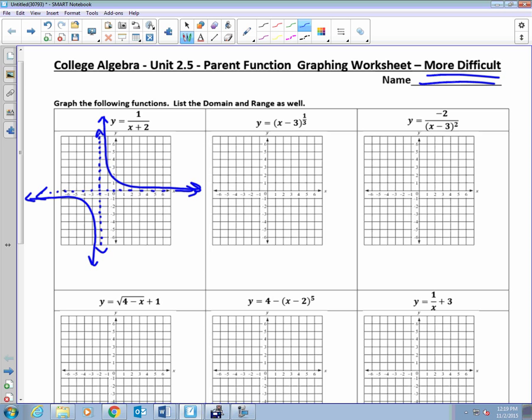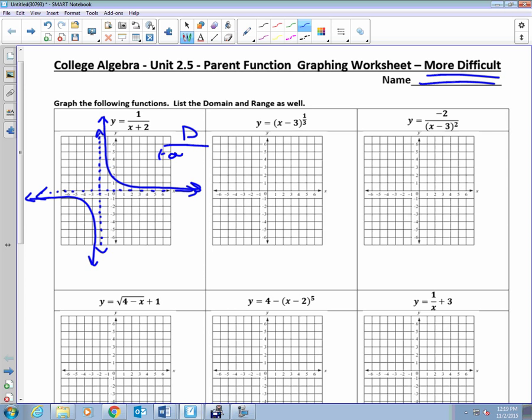We can just do it algebraically. 0 equals 1 over x plus 2 and see what you would get. Cross multiply. You get 1 is equal to 0. No solution. You can't. Impossible. Okay, state the domain and range. Domain. What x values, how about this? What x values can't you have? -2.